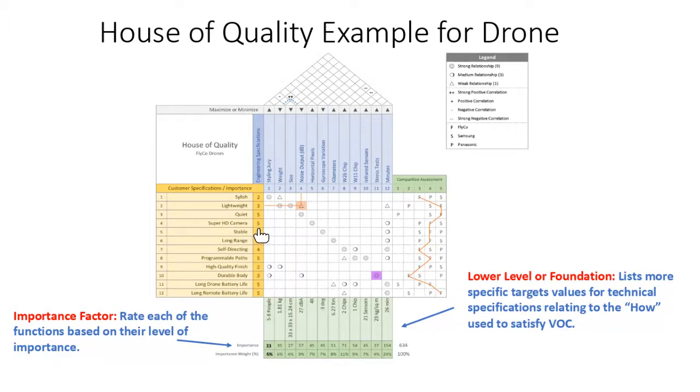Also, we have other highs: super high definition camera, stability. What else do we have that is low? We have a high quality finish. So basically, even if the customer is considering the styling and the design, he has other requirements that are more important than those. This leads us back to the Kano model.